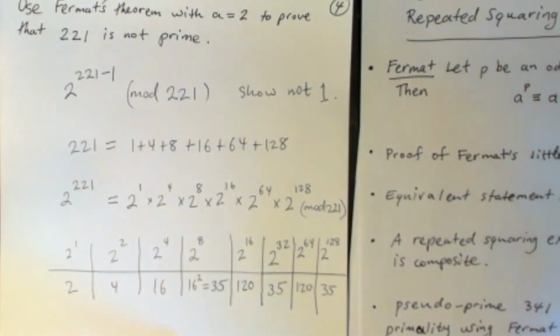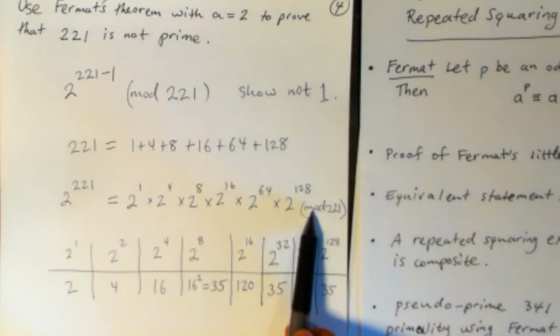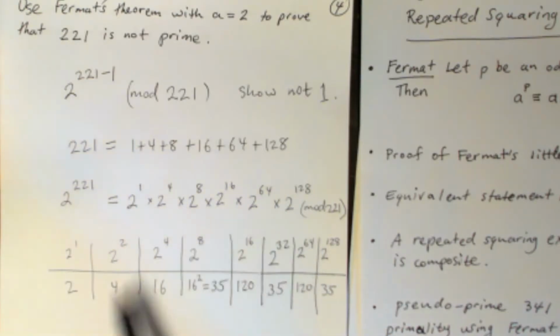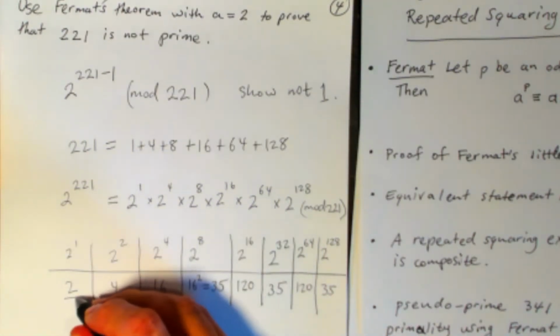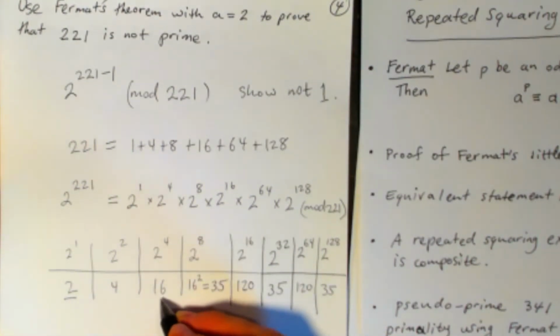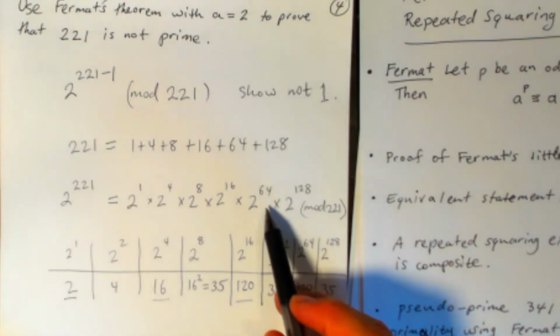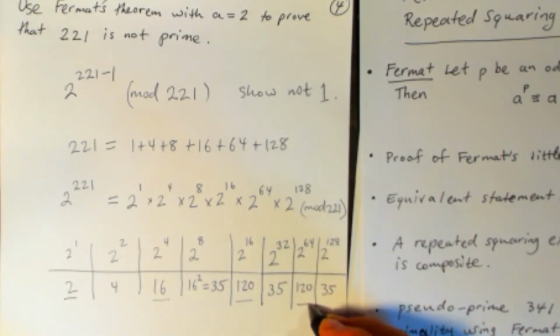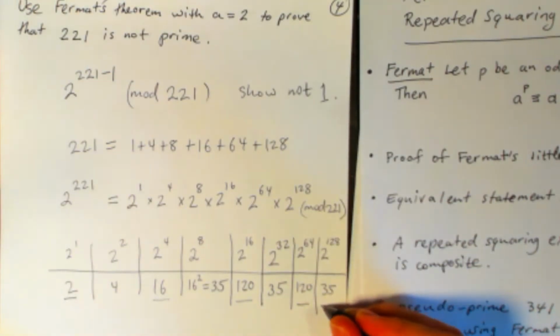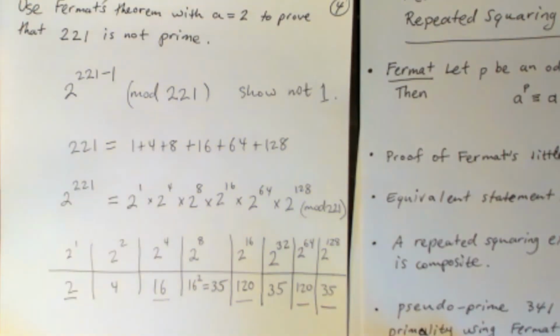Okay, so now that we have all of these, we've got to multiply the relevant ones together. So we need this one. I'll just underline the ones that we need. We need this one. We need this one. 2 to the 64, we need this one. And we need this 2 to the power of 128.